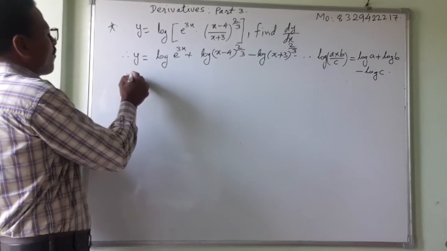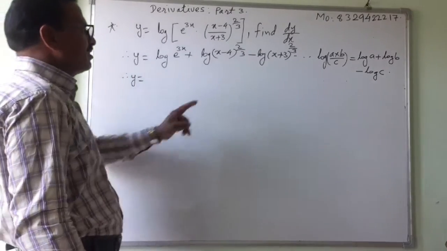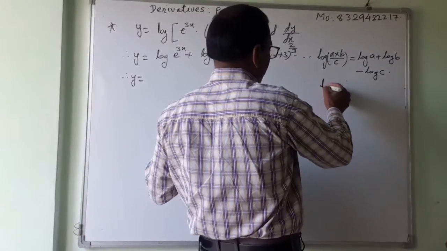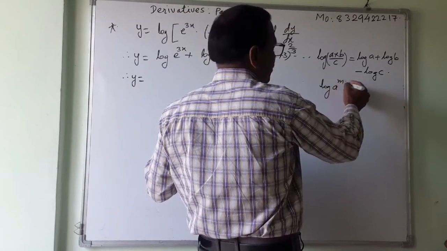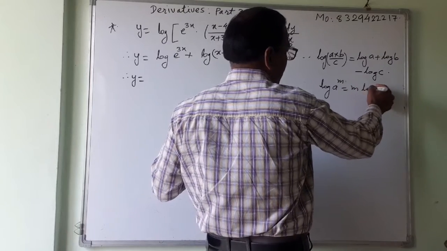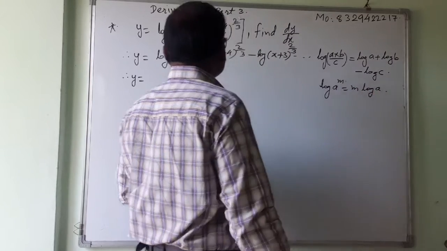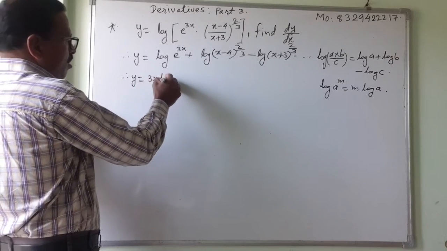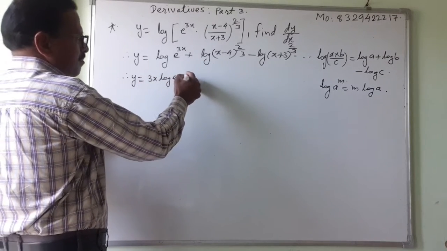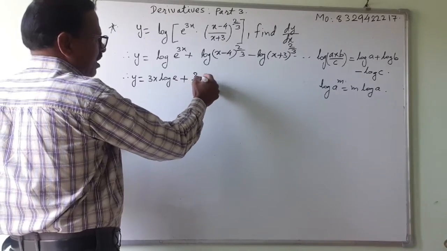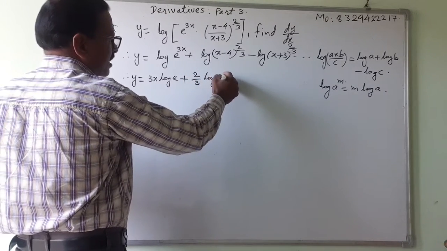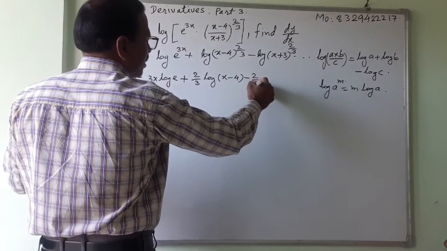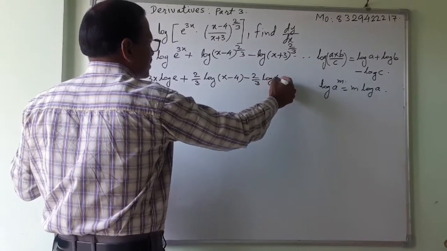Therefore, y is equal to, now here this power I can take out: log of a raised to m is equal to m log a. So this I will take as 3x log of e plus 2 upon 3 log of (x minus 4) minus 2 upon 3 log of (x plus 3).